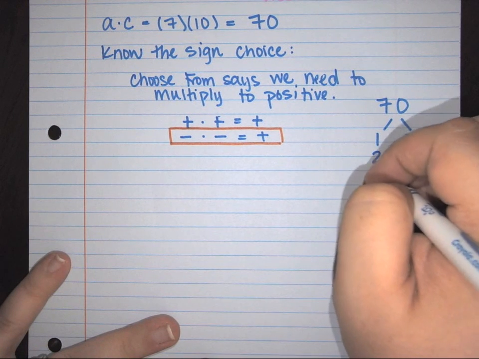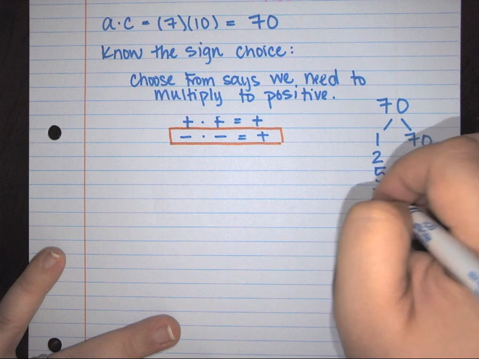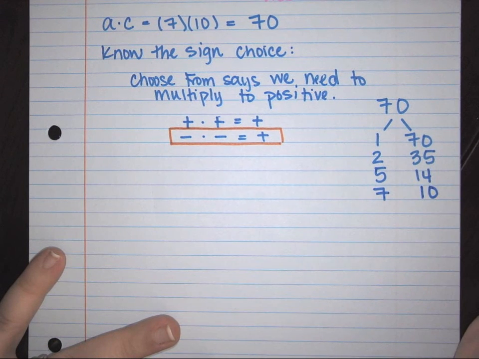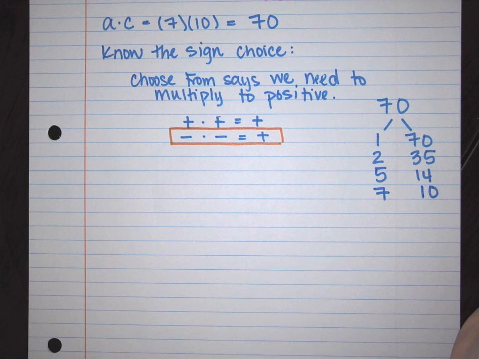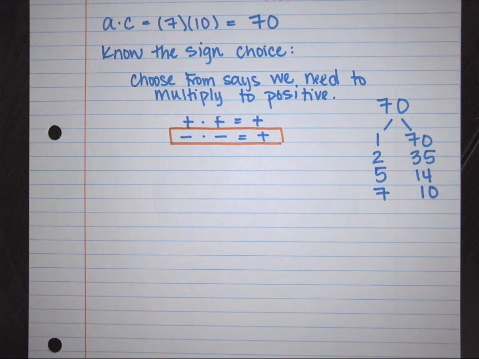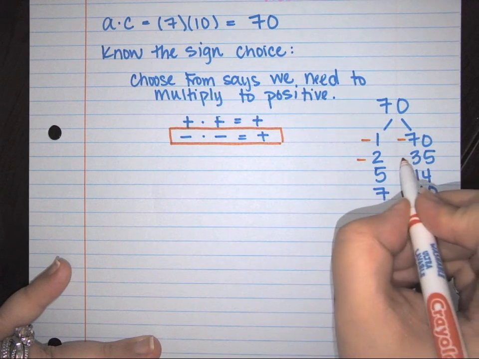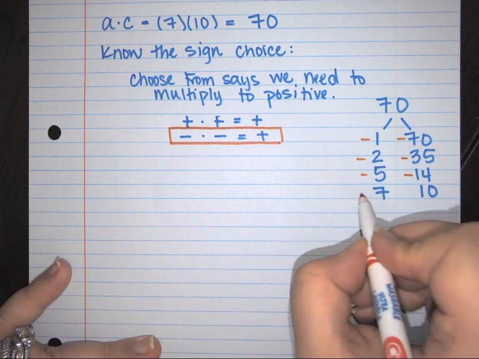I have 5 and 14. I have 7 and 10. Okay, so when I'm looking at these, what I know from my sign choice is that both of these signs have to be negative, so I can input my signs.